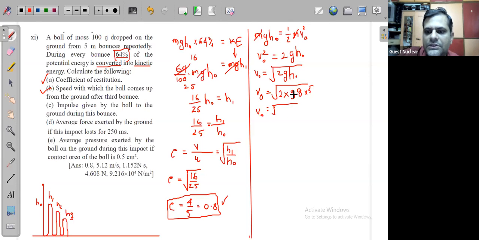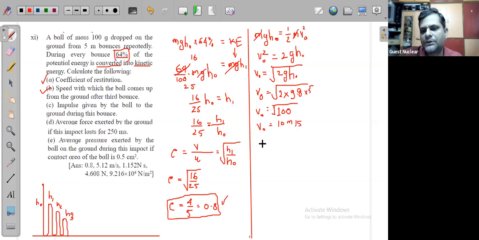Or you can take it as 10, so it becomes approximately 100. V naught is going to be root of 100, and hence v naught happens to be 10 meter per second.